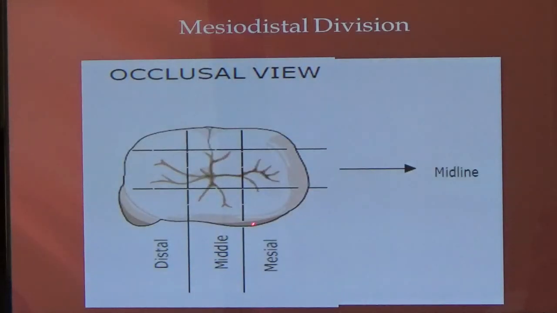So you're just cutting a molar, looking at a tooth straight down. This is the occlusal surface. You've got the mesial third, middle third, distal third. So mesiodistal, you're going from the mesial to the distal.